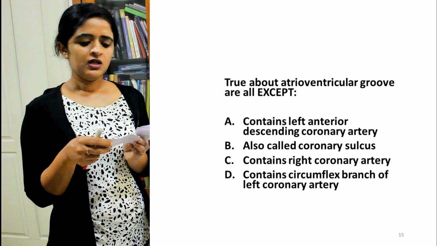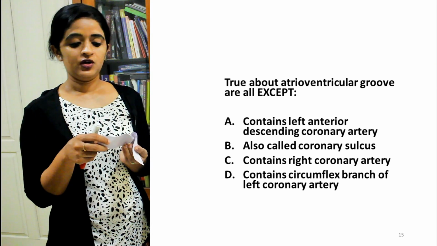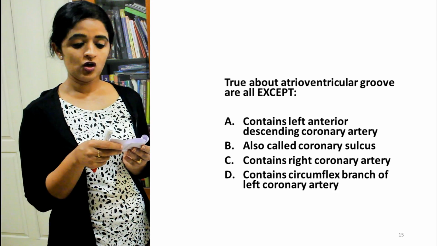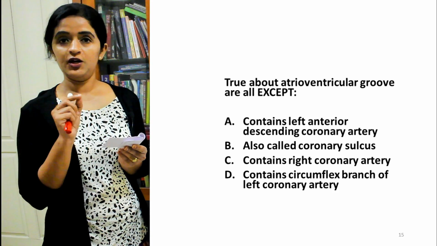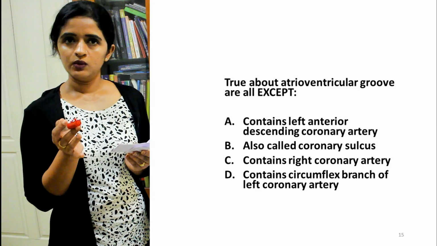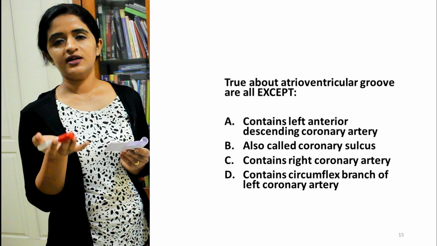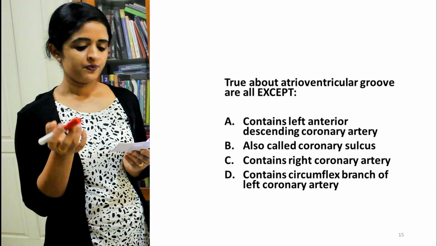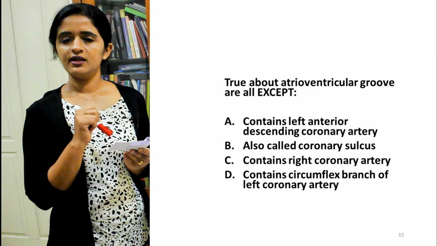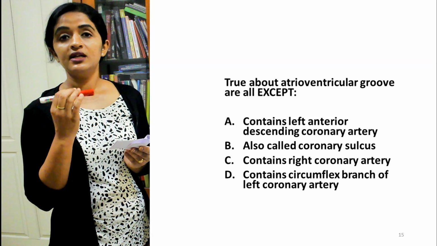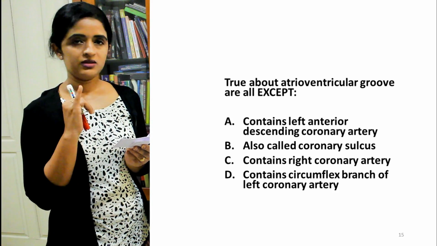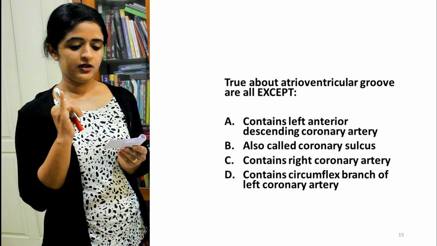Now the next question. Which is true about the atrioventricular groove? Among the options, all are true about the atrioventricular groove except. Atrioventricular groove means the groove between the atrium and the ventricle. It contains the left anterior descending coronary artery. Is it like that? Left anterior descending is lying in the anterior interventricular groove. Okay, so it is not lying in the atrioventricular groove.